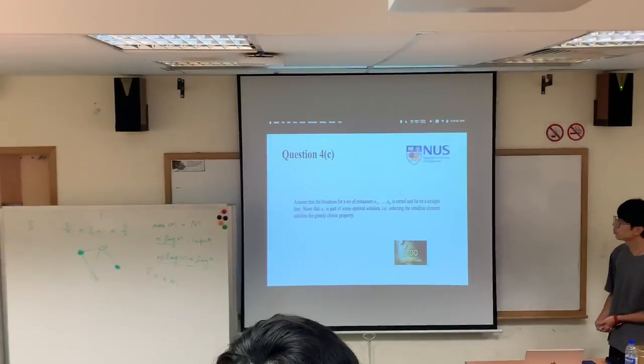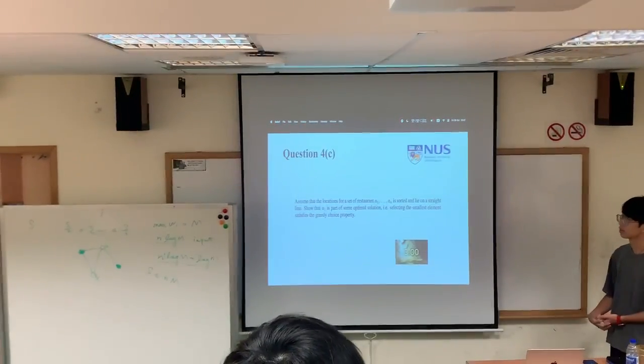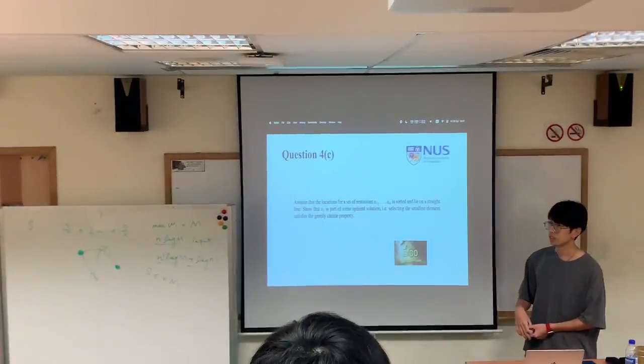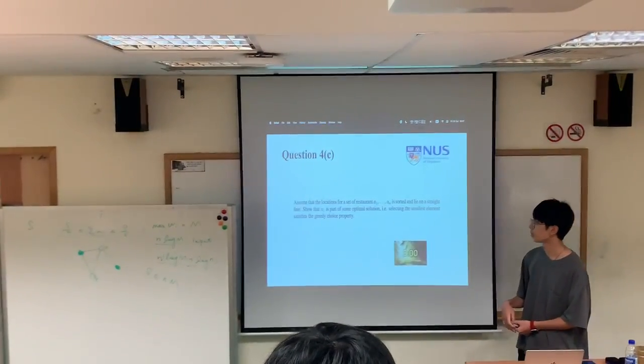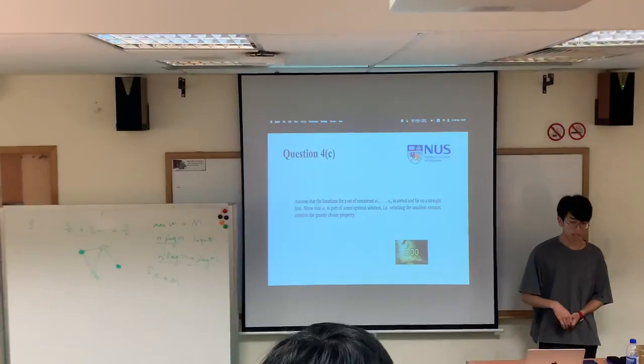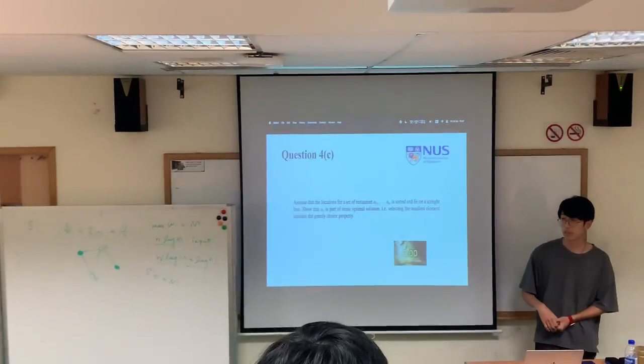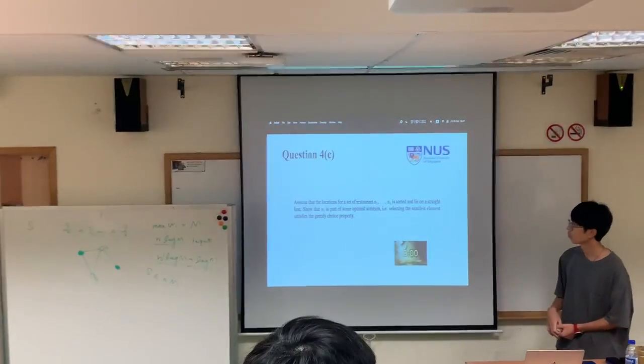This reflects what we do in the greedy algorithm, right? We prove that if we do some selection, there will always be some optimal solution left. That tells us that we can actually adopt a greedy algorithm.